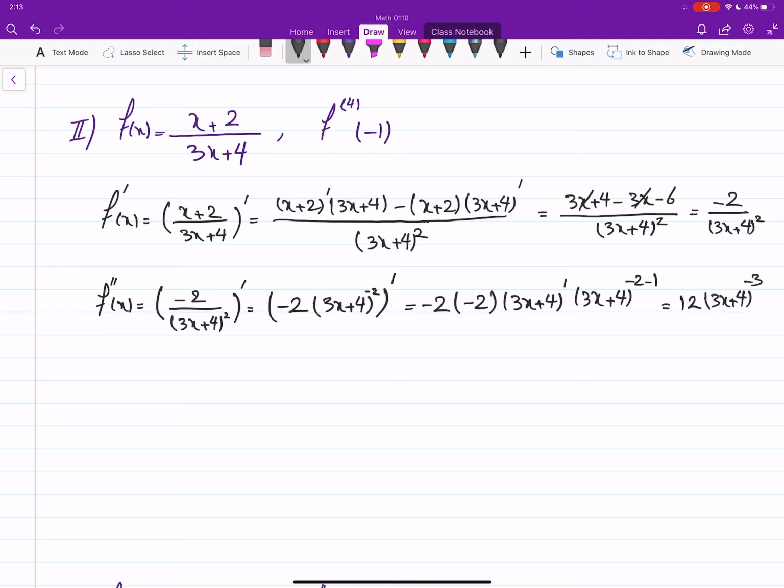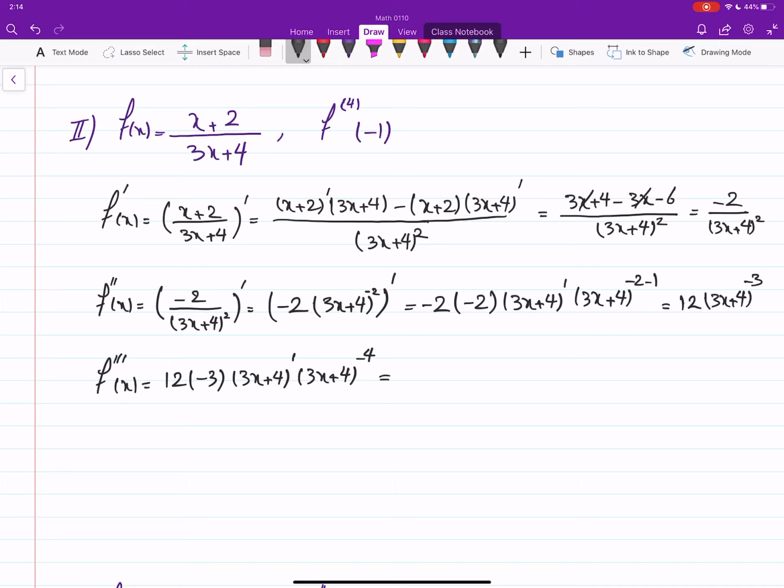And continue going this way. You don't need to do the quotient rule here. Just power rule is what you get. So 12 times negative 3 times (3x plus 4)', and then (3x plus 4) to the power negative 4.